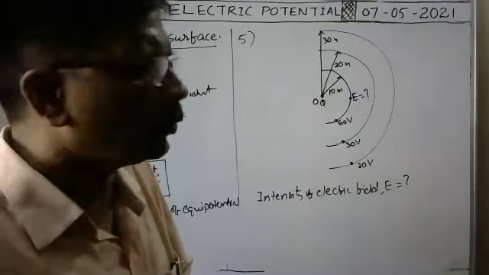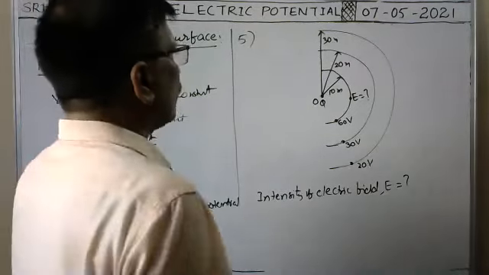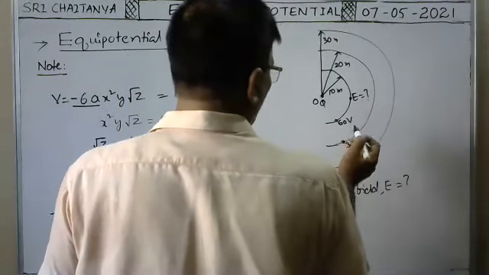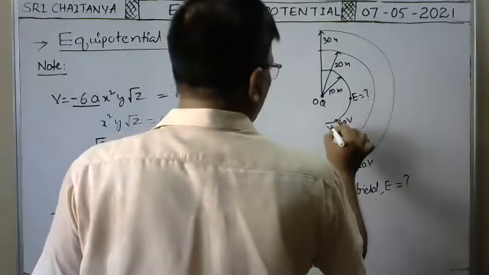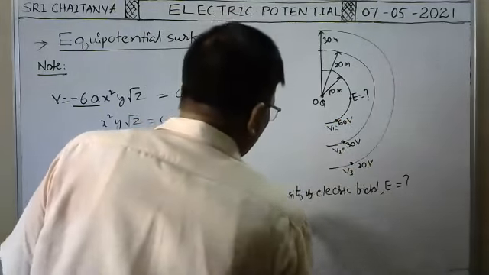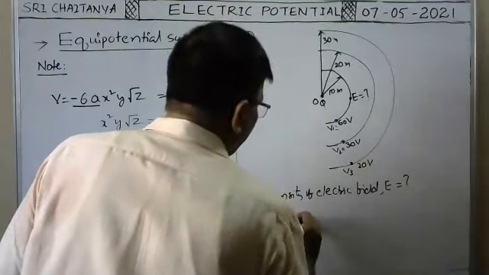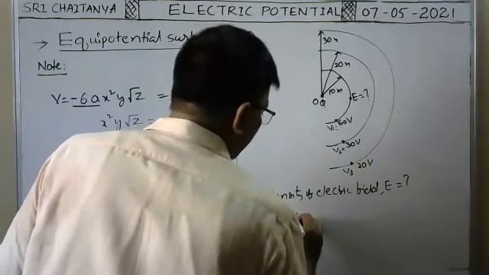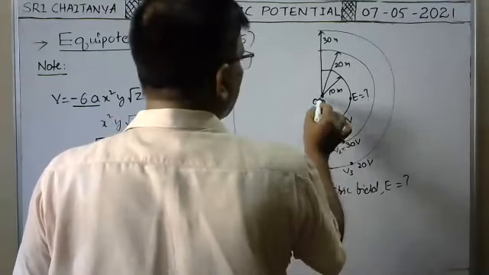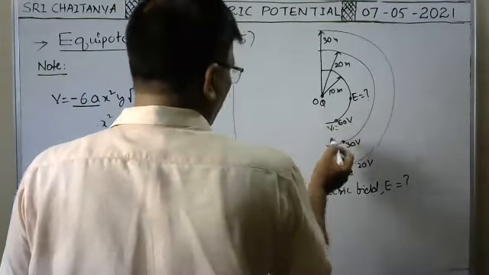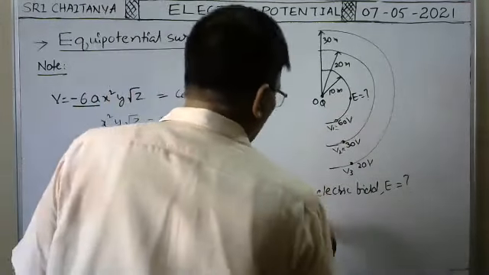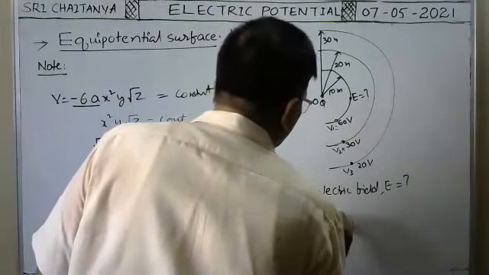You imagine Q. Now due to this charge, at this point potential is 60 volt, at this point 30 volt. That's why here it is V1, here V2, here V3. So V1 is equal to, what is the general formula? K into charge Q by distance. As V1 is taken at this point, this distance is 10 meter. So K Q by 10 is equal to 60 volt.